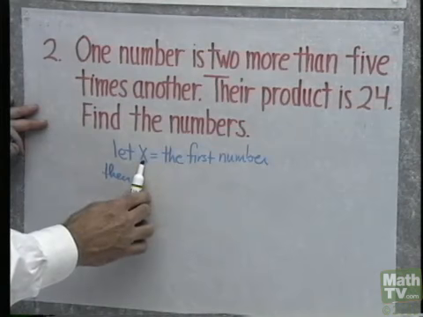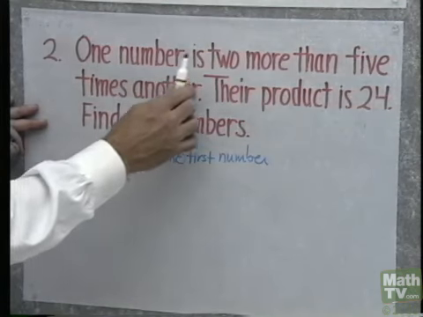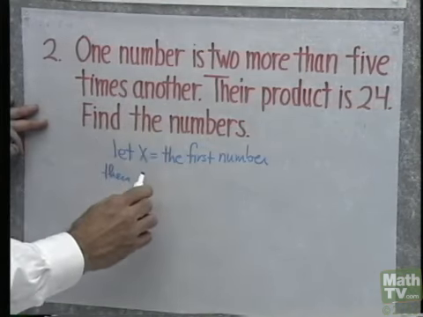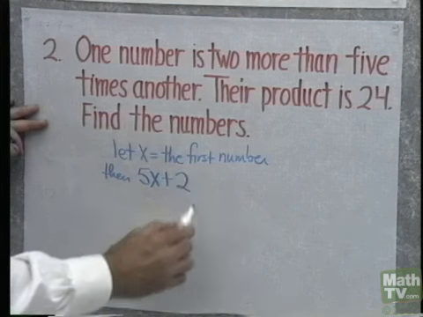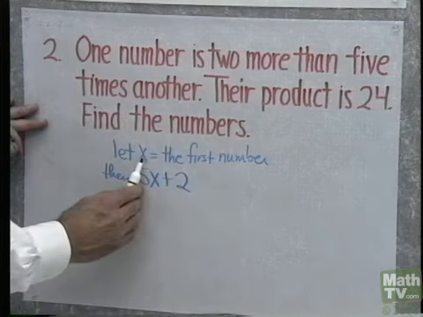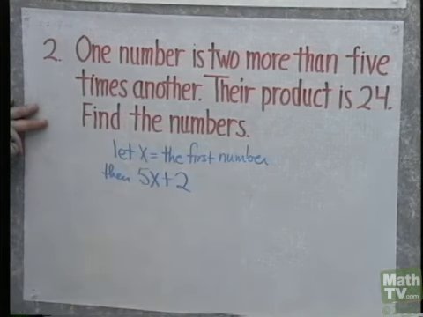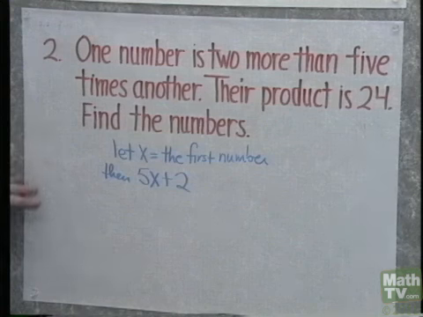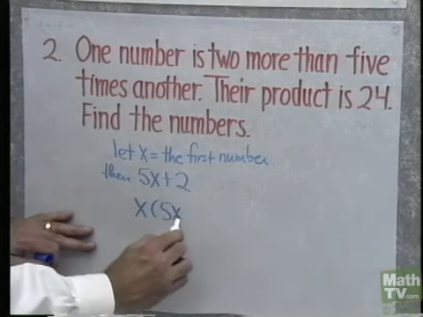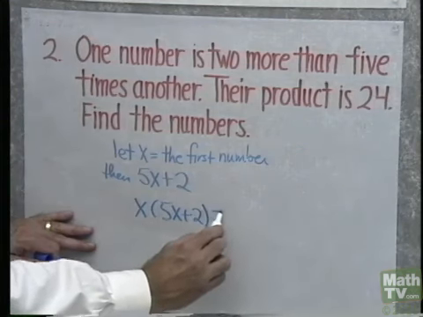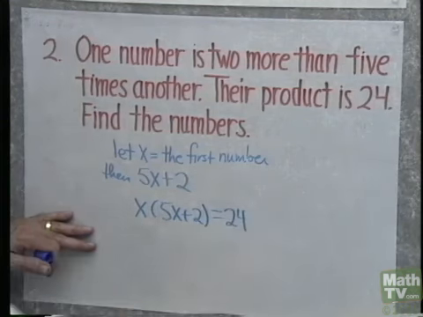So we'll let x be the first one. The second number then is 2 more than 5 times the first one. So 5 times the first one is 5x. 2 more than that is plus 2. So here's my one number, x. My other number is 5x plus 2. Their product is 24. So that is x times 5x plus 2 is equal to 24.